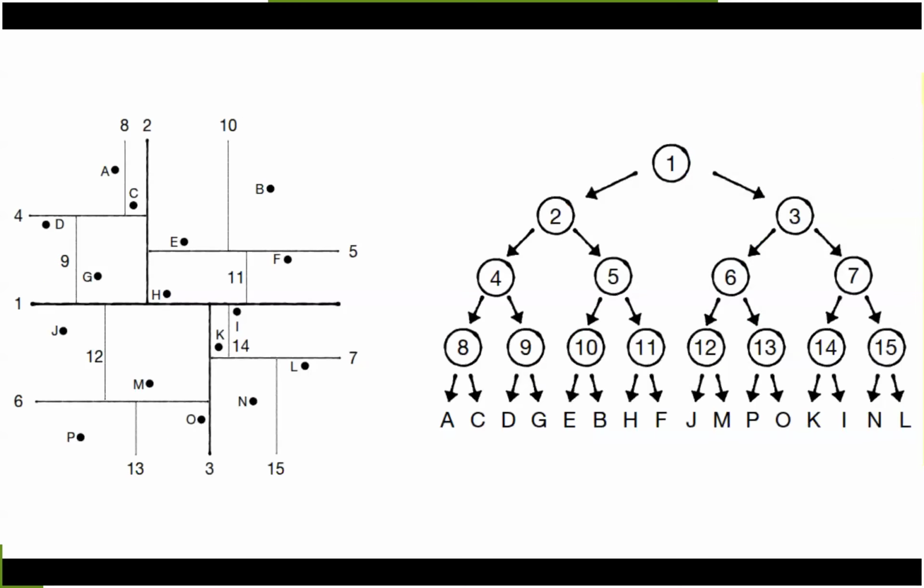And the query is basically, if you're interested in a vector like vector h, you just go through 1, 2, 5, 11, and after 11, you know which partition is for h. So this is KD3.